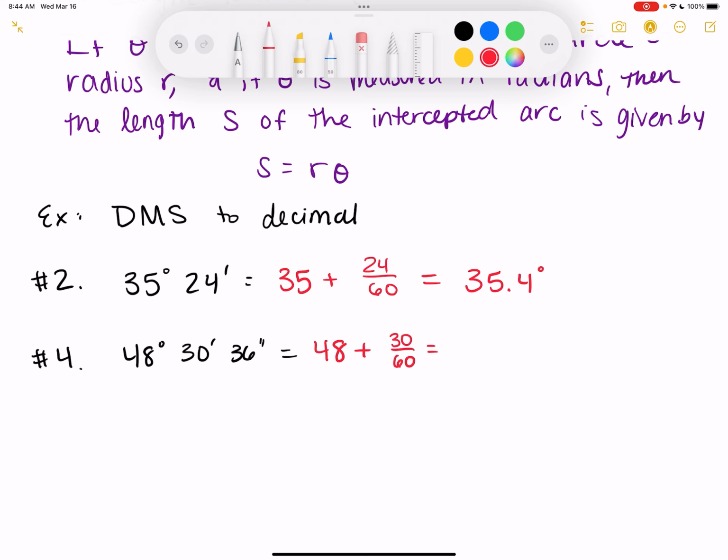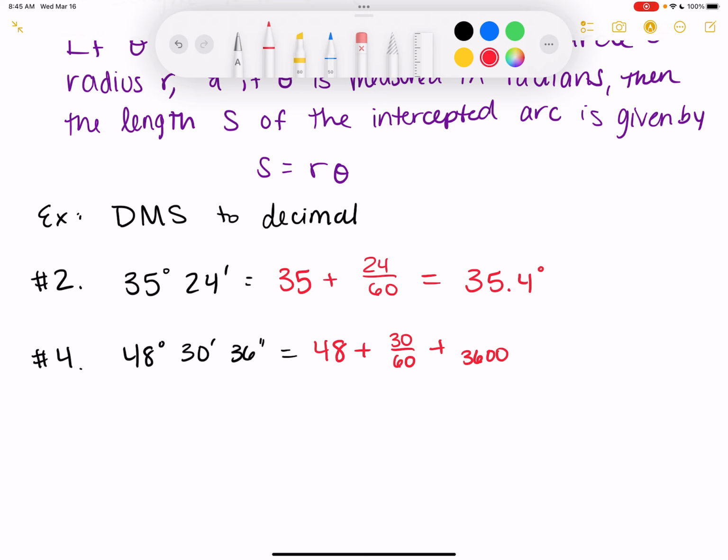But seconds are 60 minutes, so we need to do 36 over 60 basically. Why did I put an equal sign? It's supposed to be a plus. So 60 times 60 is really what's going on the bottom. Conversion wise, 60 times 60 is 3,600.